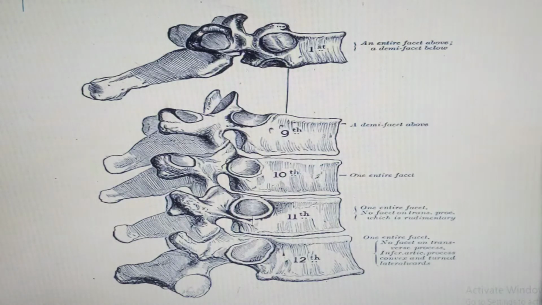Now apart from that, for thoracic vertebra number 11 and 12, they don't have facets on what we call the transverse processes. So on the transverse processes of thoracic vertebra 11 and of course 12, they don't have facets for articulation with the articular part of the tubercle of the rib.